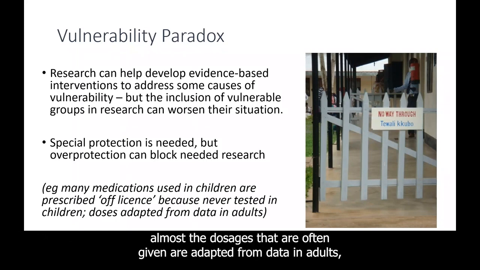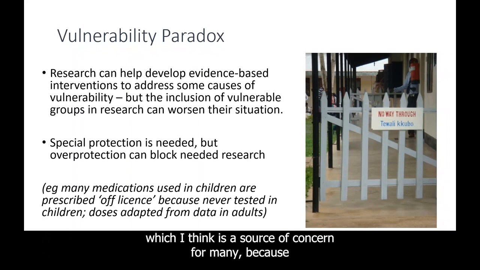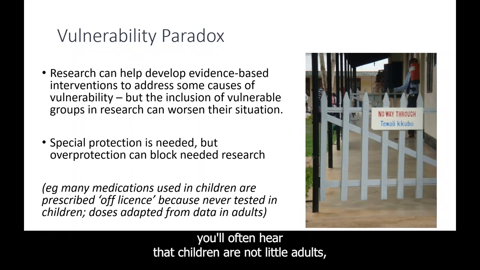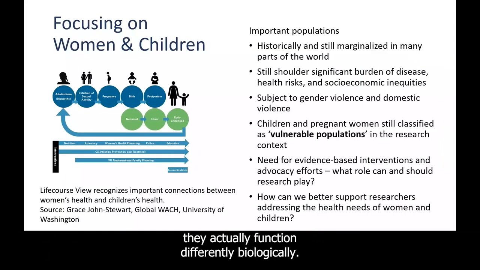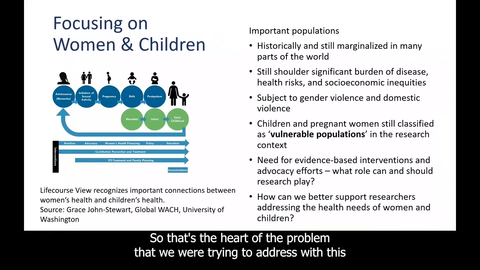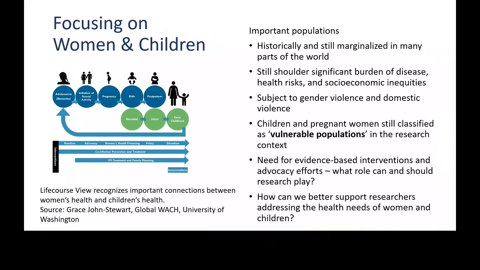Paradoxically, almost, the dosages that are often given are adapted from data in adults, which I think is a source of concern for many, because you'll often hear that children are not little adults. They actually function differently biologically. So that's the heart of the problem that we were trying to address with this collaborative award. On to the next slide, Al.